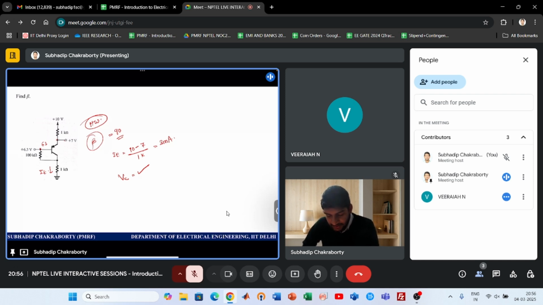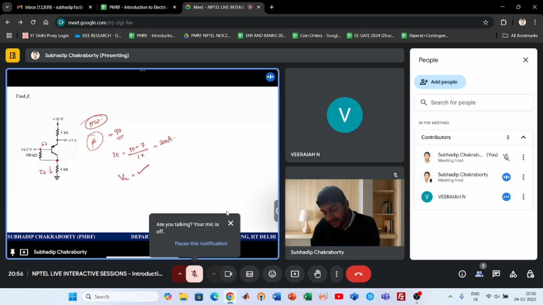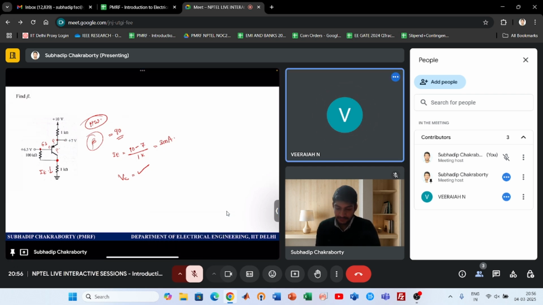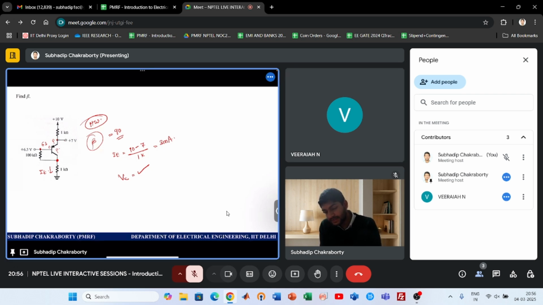So 6.3 and how much is this? Because this is, I hope you understand, a PNP transistor, right? So just flip. So that's why there is a drop of 0.7.